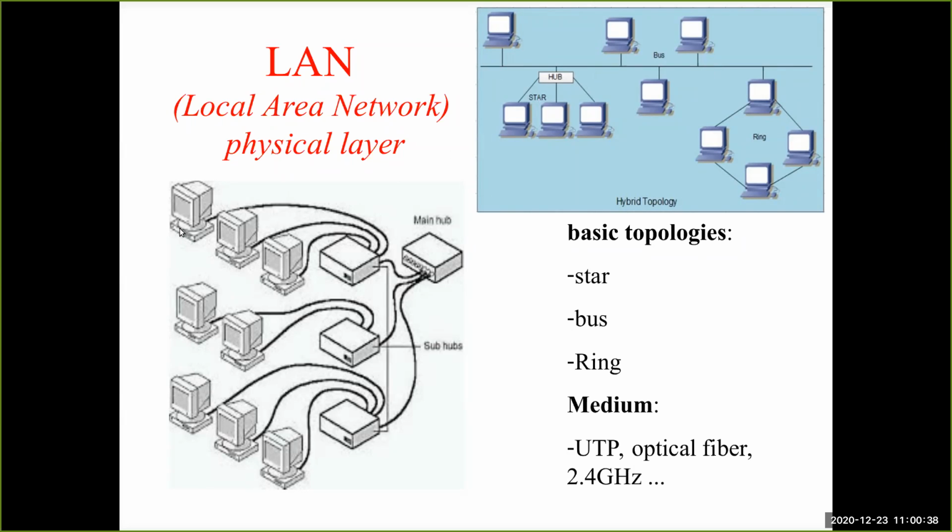So, for example, it is impossible that two computers can communicate at any time. So it's not a full duplex connection, yeah? Because some elements of this architecture are shared among different devices.